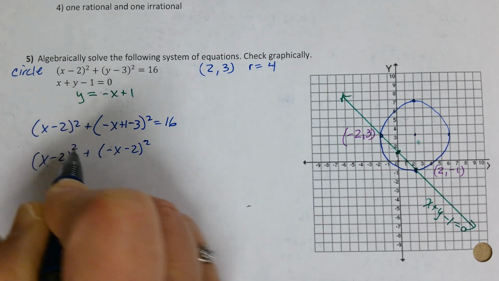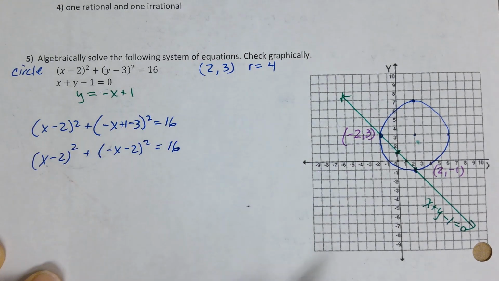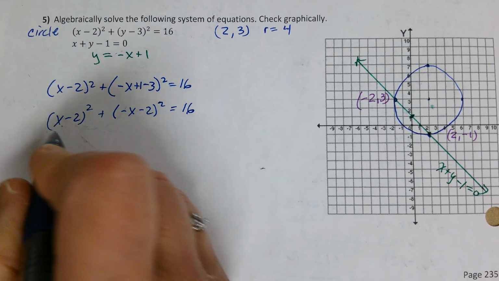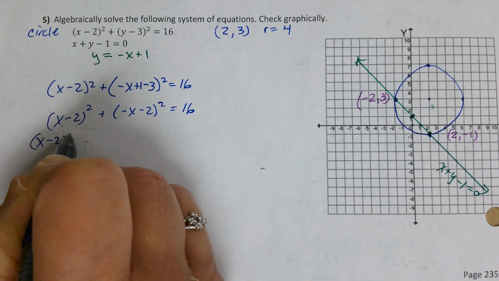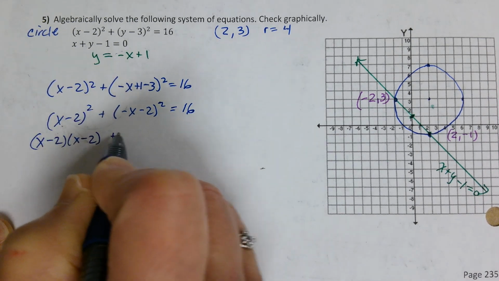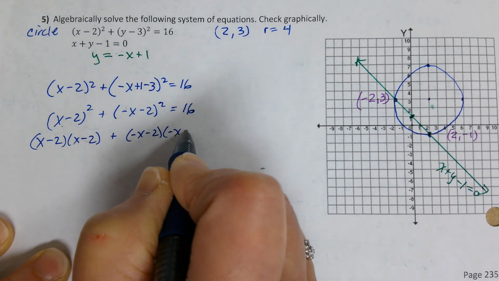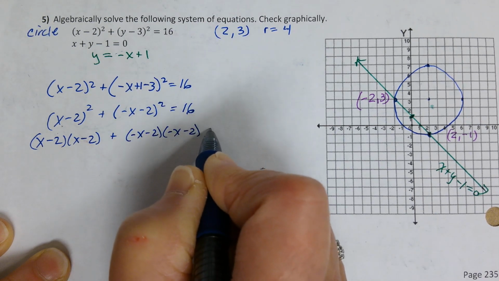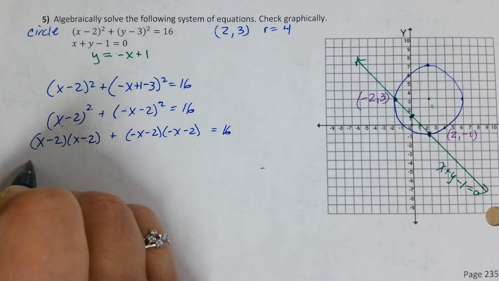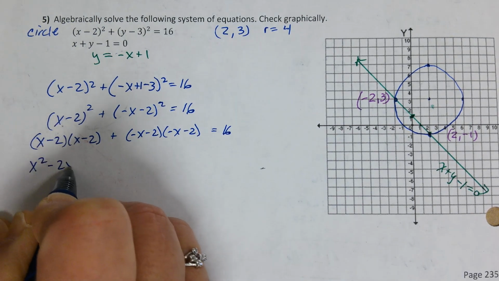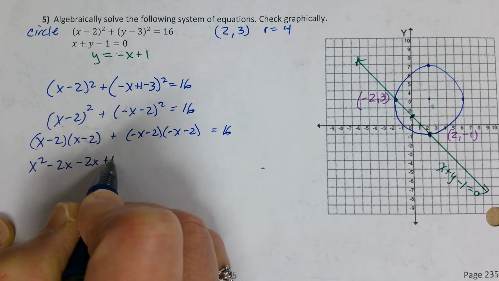And let's make sure we multiply this out correctly. X minus 2 times x minus 2. X squared minus 2x minus 2x plus 4.